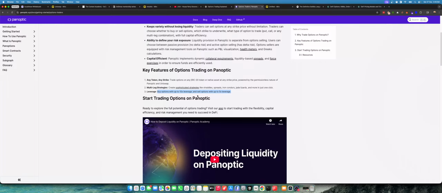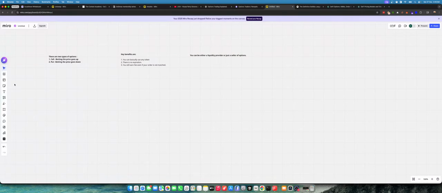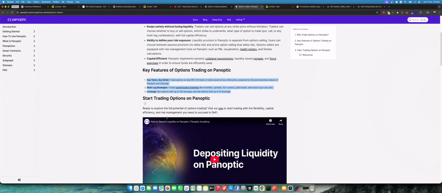Key features, I'll just copy this and paste it somewhere here, because it gives me the picture right in front of me of what they are.